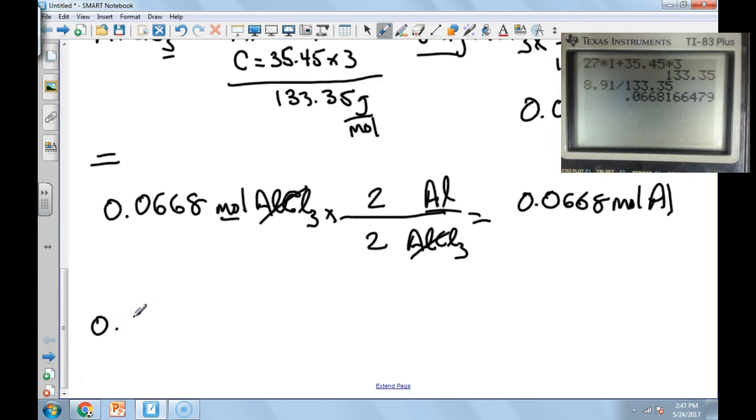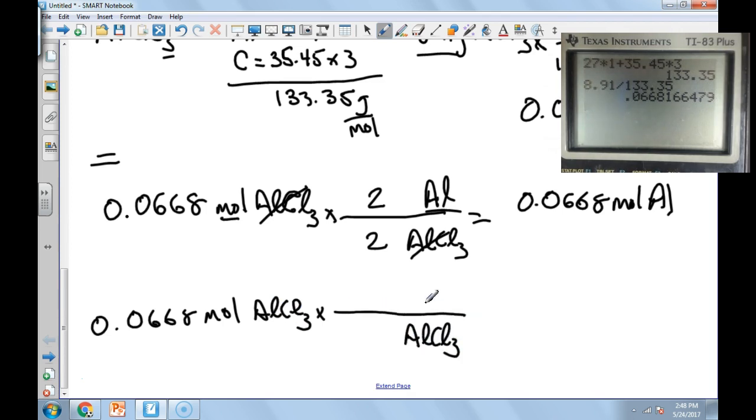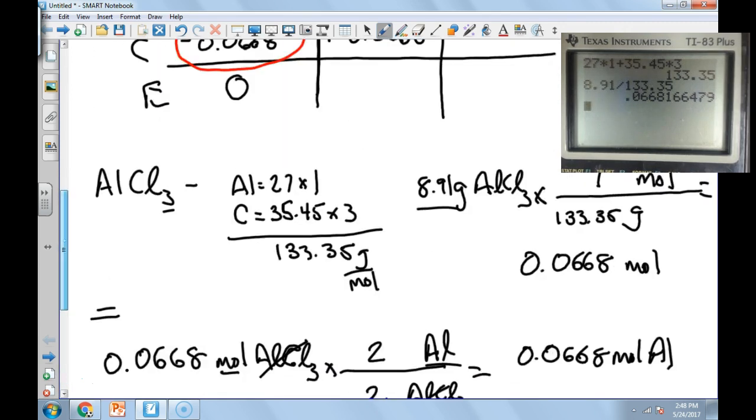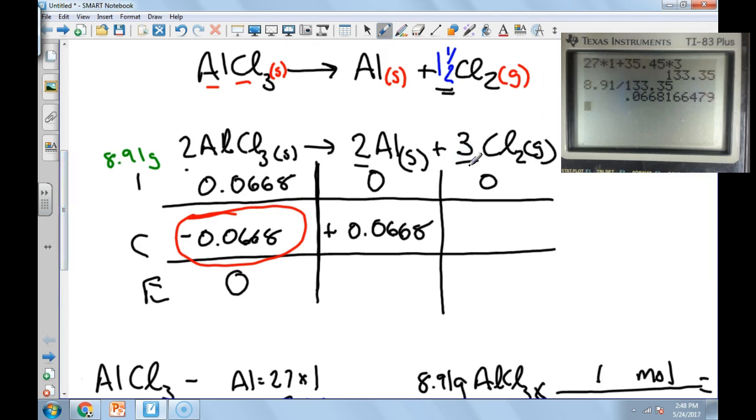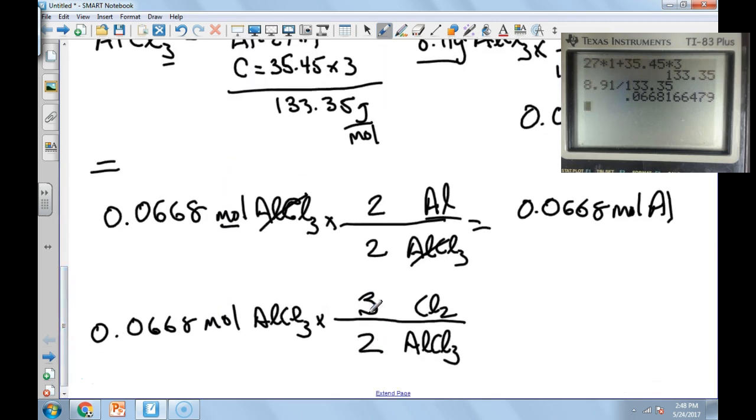So we're going to go 0.0668 moles of AlCl3 times, then we're going to X-line, from AlCl3 to Cl2, and now that's a 3 to 2. Again, looking at the balanced chemical equation, I have 2 AlCl3 and then 3 Cl2. So I use those coefficients there. This cancels out, and so we're left with moles of Cl2.